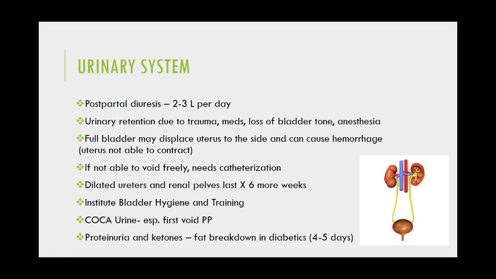A full bladder also can displace the uterus over to the side, meaning that now it's not in midline where it's supposed to be, and that can cause the uterus to not be able to cramp down and stay firm, and in turn we end up with a postpartum hemorrhage because that uterus is not able to contract in regards to the full bladder.